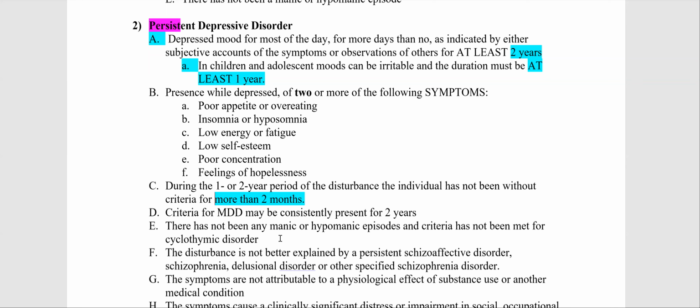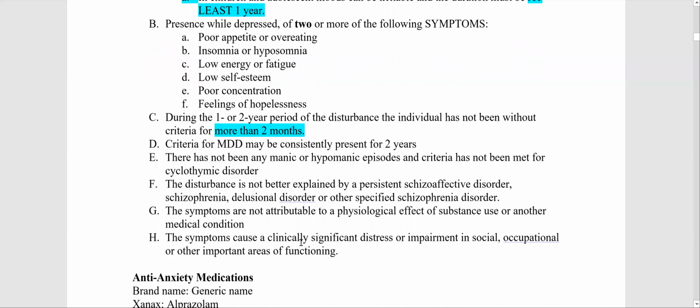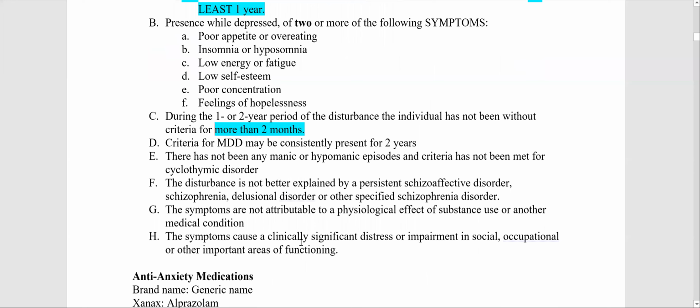So their depressive episodes are not as severe or significant, so they're quickly cycling through manic or hypomanic episodes. The disturbance is not better explained by schizoaffective disorder, schizophrenia, delusional disorder, or other specified schizophrenia disorder. So again, those are mixtures of different psychoses, maybe delusions and hallucinations. And we'll get into it a little bit further when we go over the psychotic disorders.